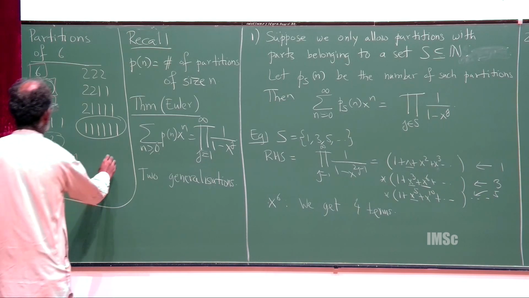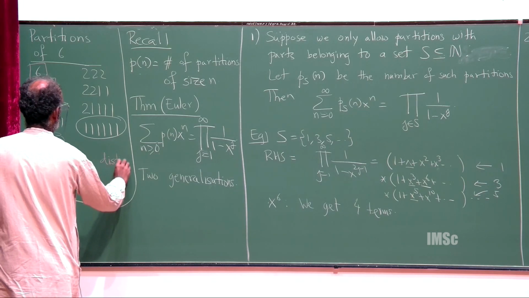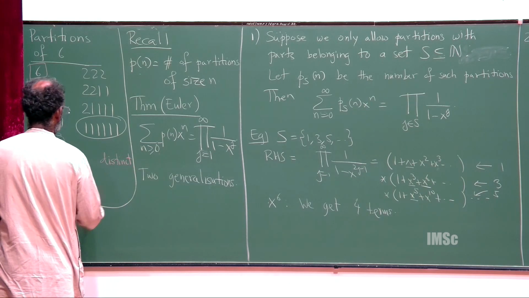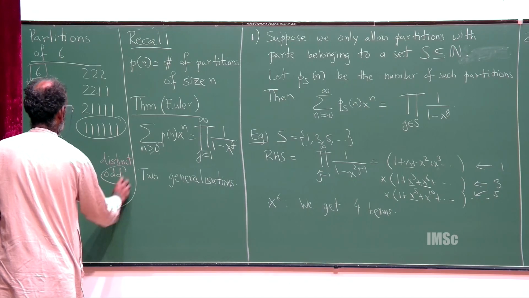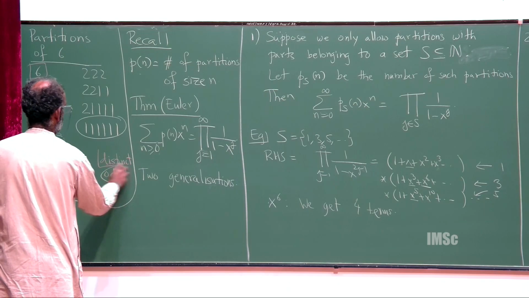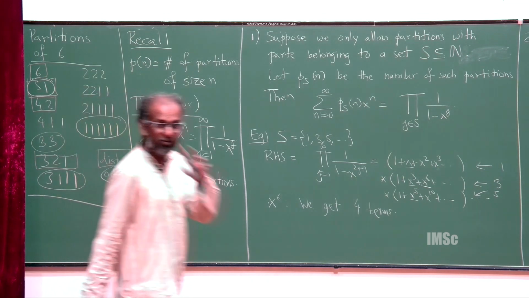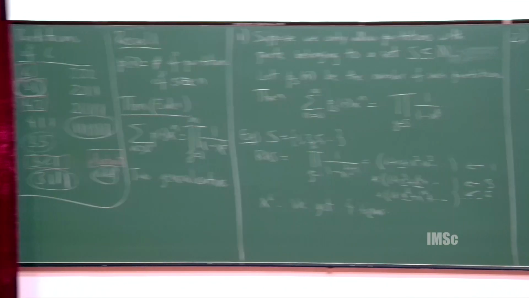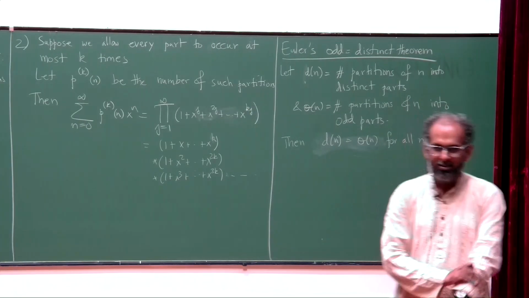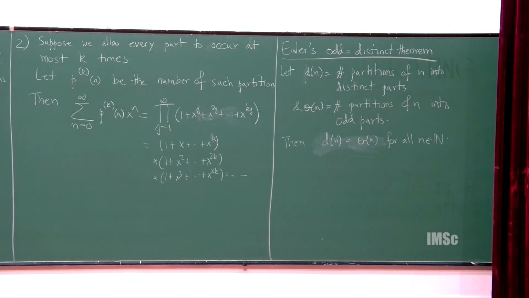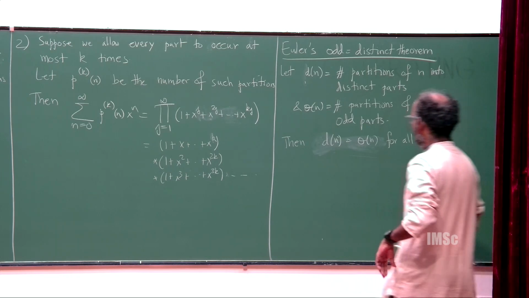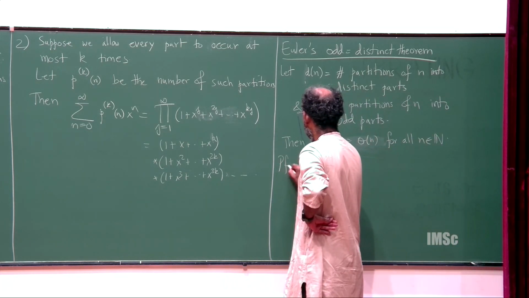So these are distinct and these are odd. So let's prove it. And you will see the proof is essentially 2 lines. We have done all the hard work.